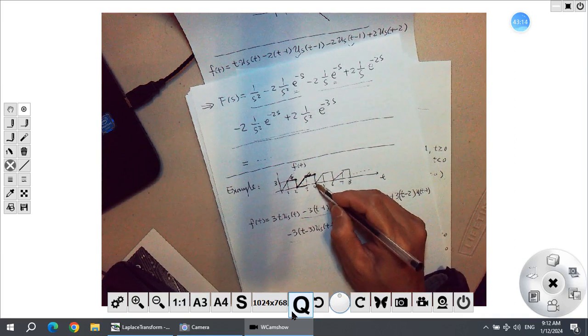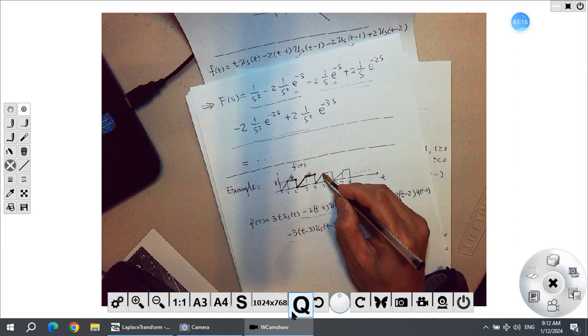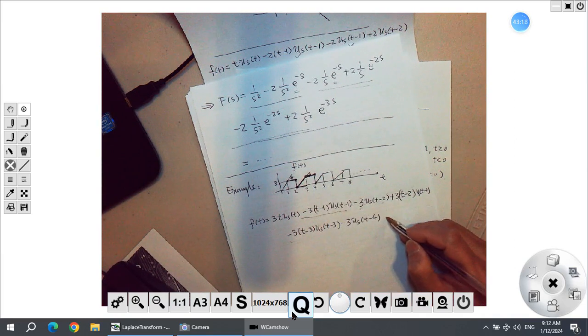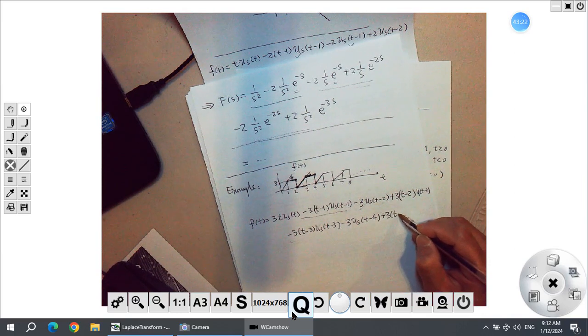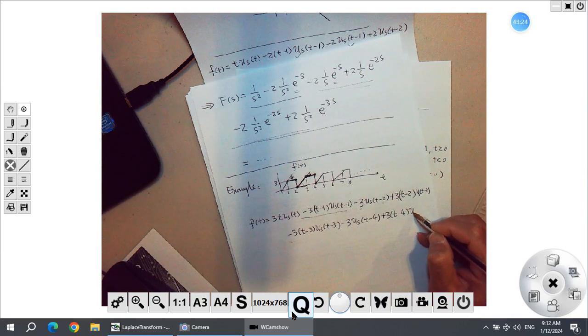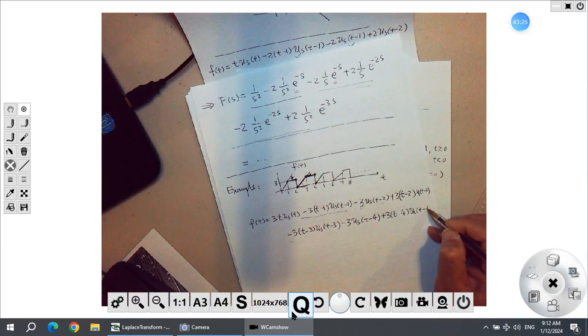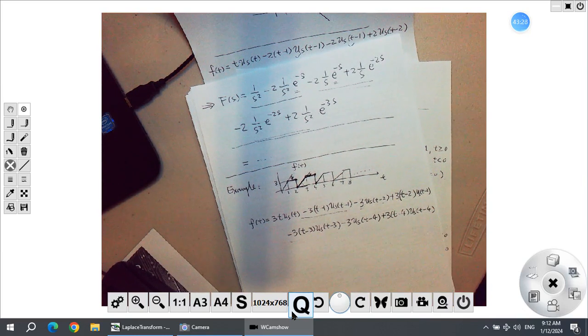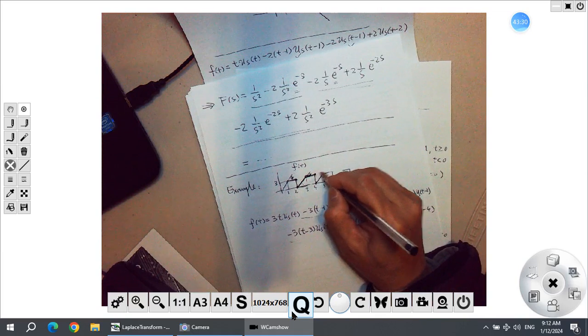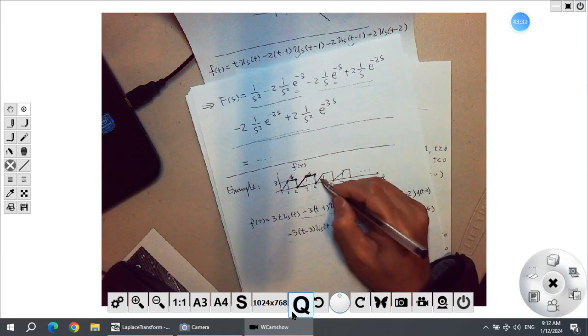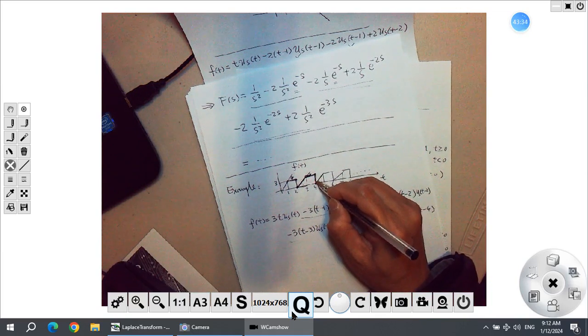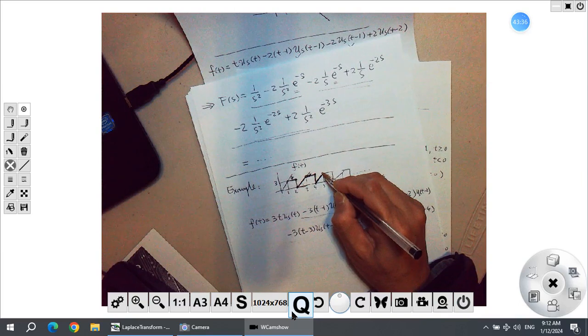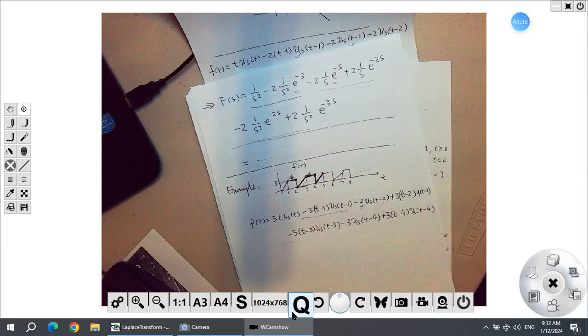And then I need to add the ramp, still at time equal to 4. So the ramp slope is 3, and t minus 4, and u_s of t minus 4. Now we keep going here. This one goes down, I'll go to here. At time equal to 5, we will do a similar thing.